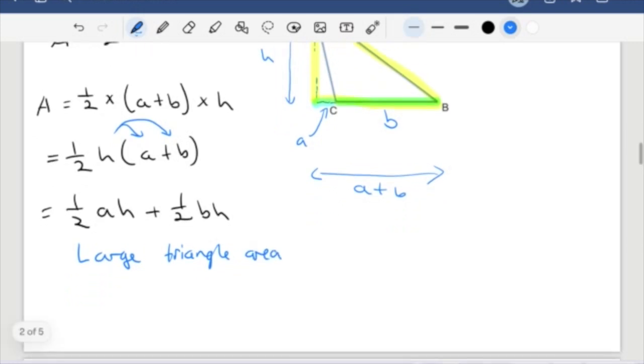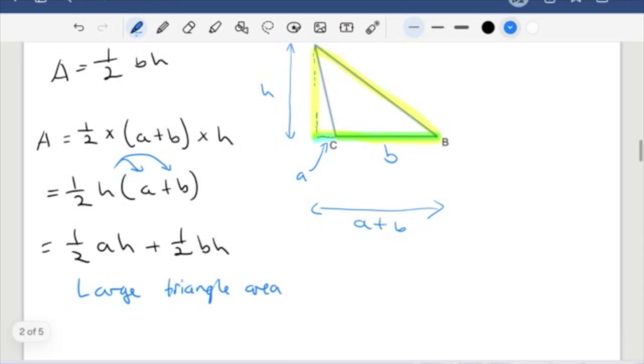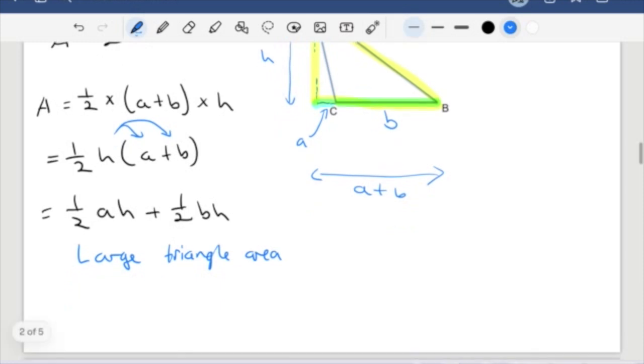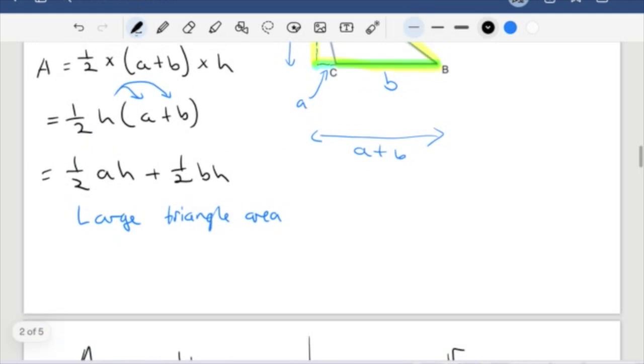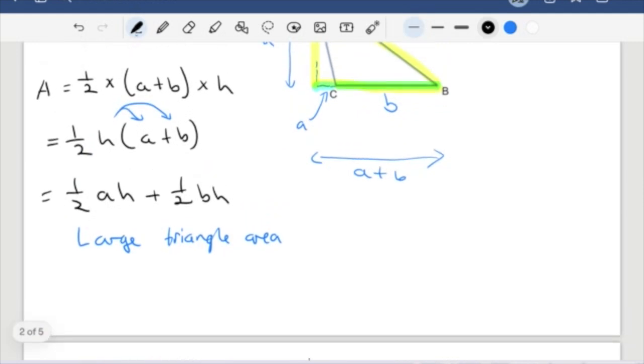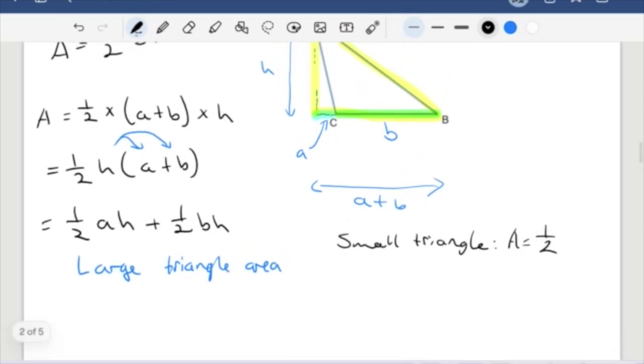Now, I want to find the area of this small triangle over here. So, if I go to my small triangle, the formula for the area is going to be half times the base times the height, but the base here is this A, because that is the base of my smaller triangle.